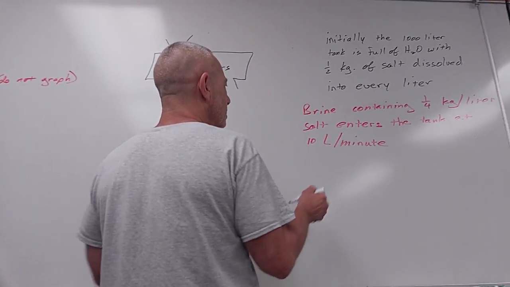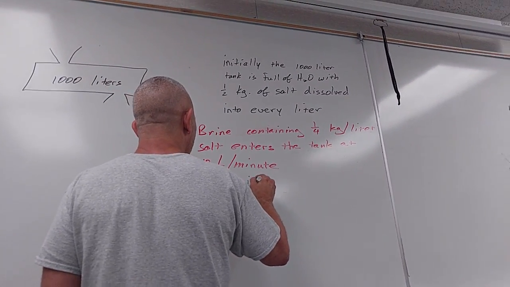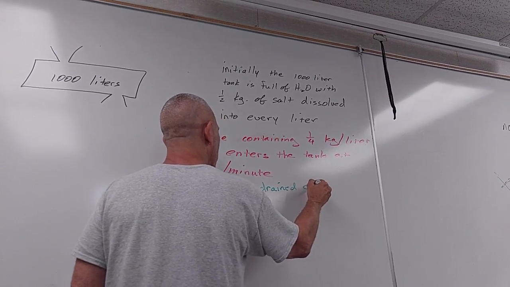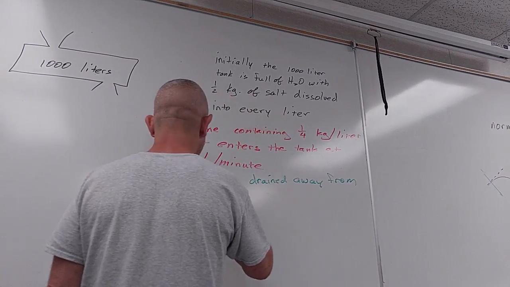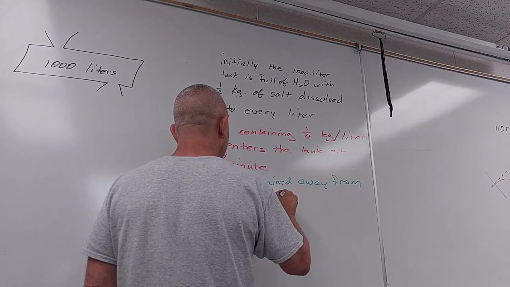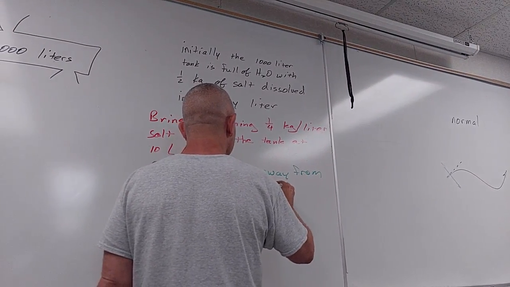Let's say that brine is drained away from the well-mixed tank, also at 10 liters per minute.